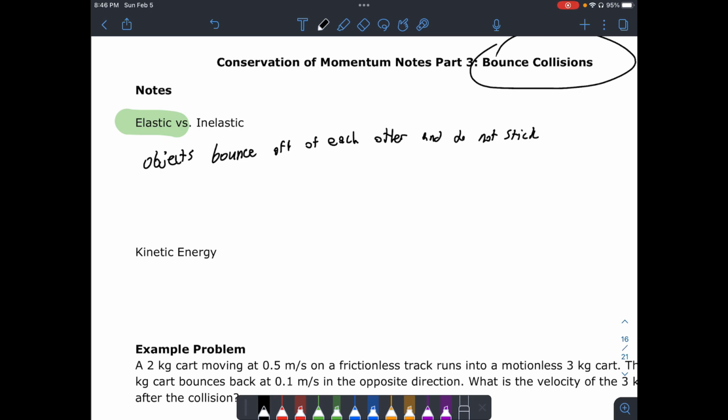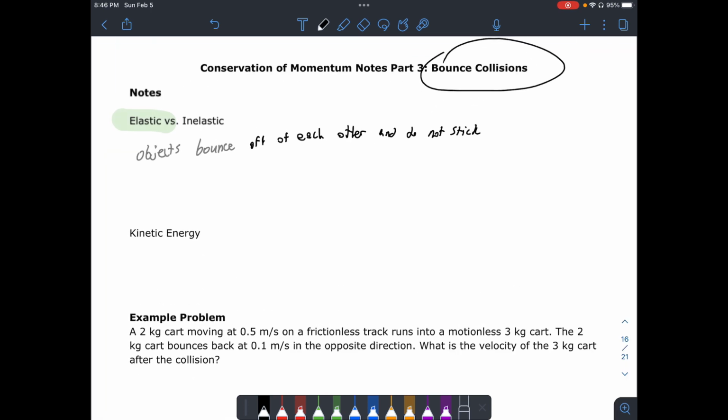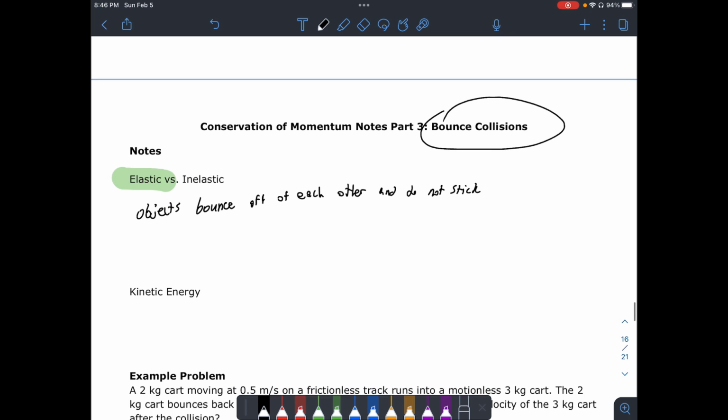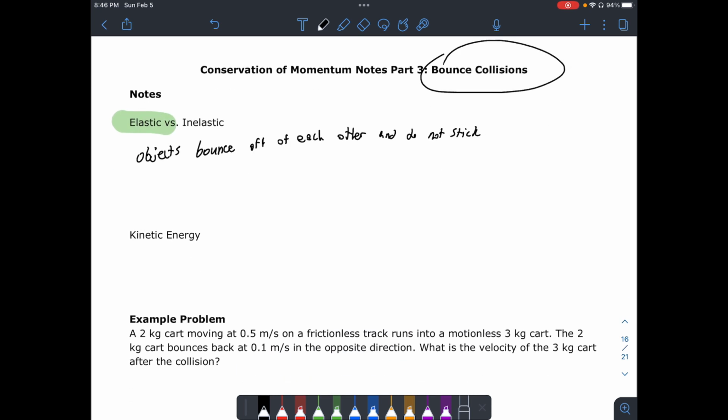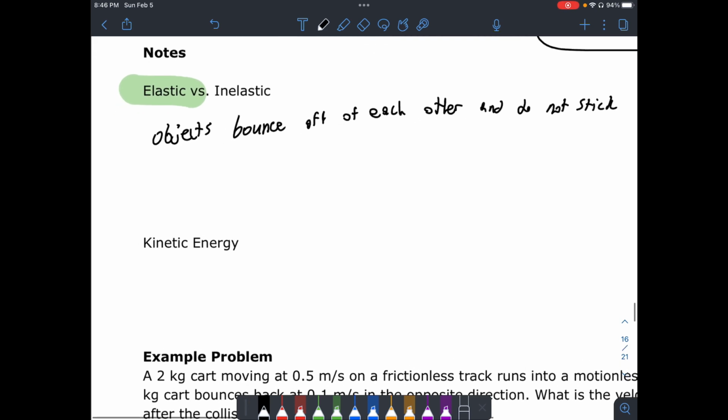Now the difference here, because this is the same sort of definition as we had before for inelastic collisions, right? Two objects just bounce. Perfectly inelastic means that they stick together. For an inelastic collision, they don't always have to stick. That's just perfectly inelastic.